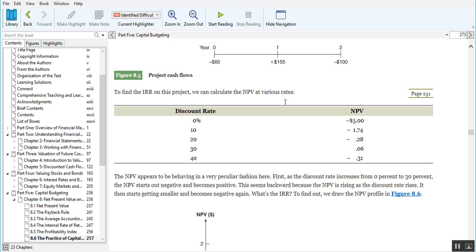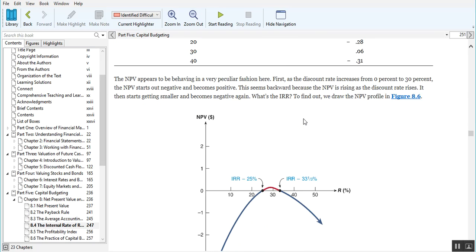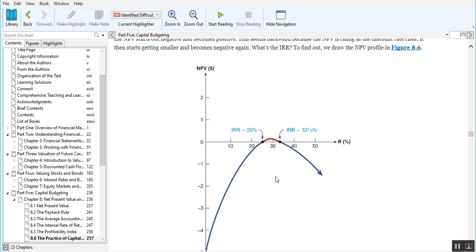So in order to find the internal rate of return on this project, we can calculate the net present value at different rates. And again, you're looking at where this is going to come out at 0 net present value. Well, it's going to come out between 20 and 30%, probably closer to 30. And if you look at this, you have kind of a strange looking curve, but if it's an internal rate of return less than 25% or higher than 33 1/3, you reject.